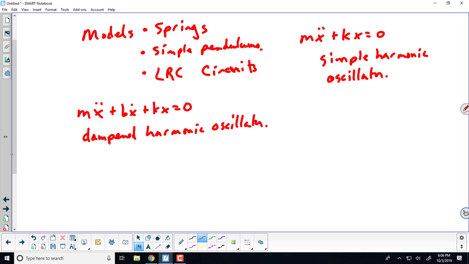And then if we have mx double prime plus bx prime plus kx equals f of t, with f of t not 0, then this is called a driven harmonic oscillator.